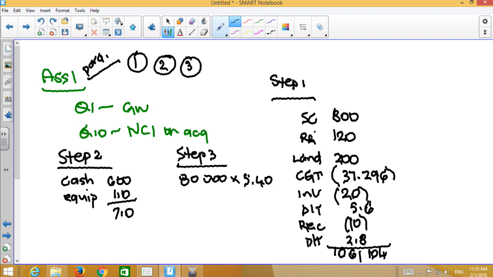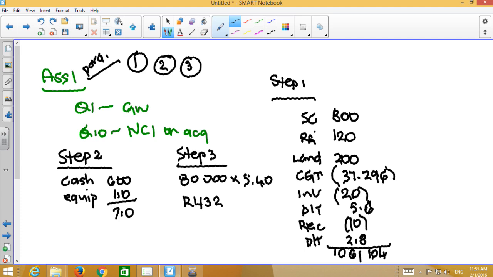Okay, so NCI is at fair value, because number 7 tells us that they measure it at the fair value on the date of acquisition. So step 3 is 80,000 shares. They said to you that we bought 120, so there were 200 in total, so they are the other 80. And so NCI is 432,000, is that right? 432.